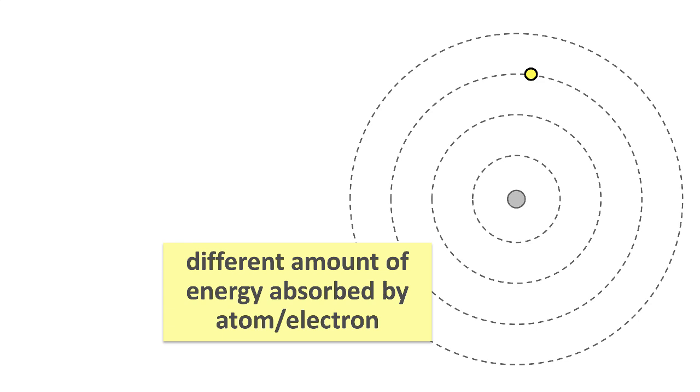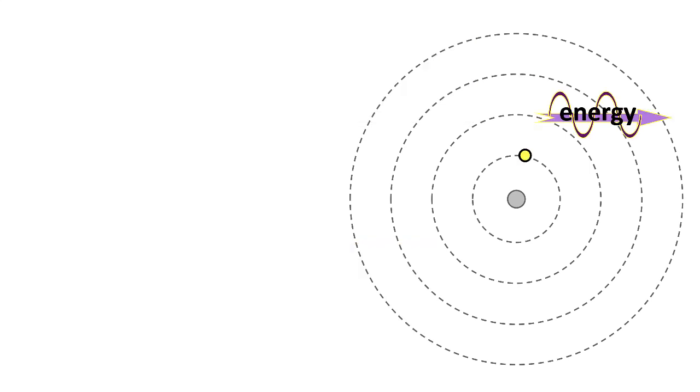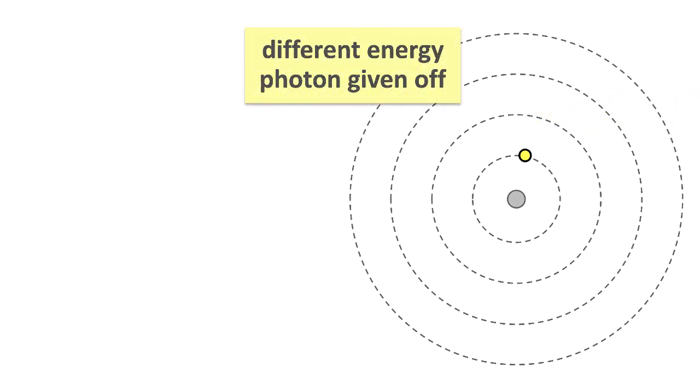Again, the electron's unstable in this higher energy orbit, and once it has made this transition, it will give off a photon of light and go back to a lower energy level. And the photon of light is, again, very specific in energy or wavelength or color, but it's different than the previous one. So different energy photons are given off.